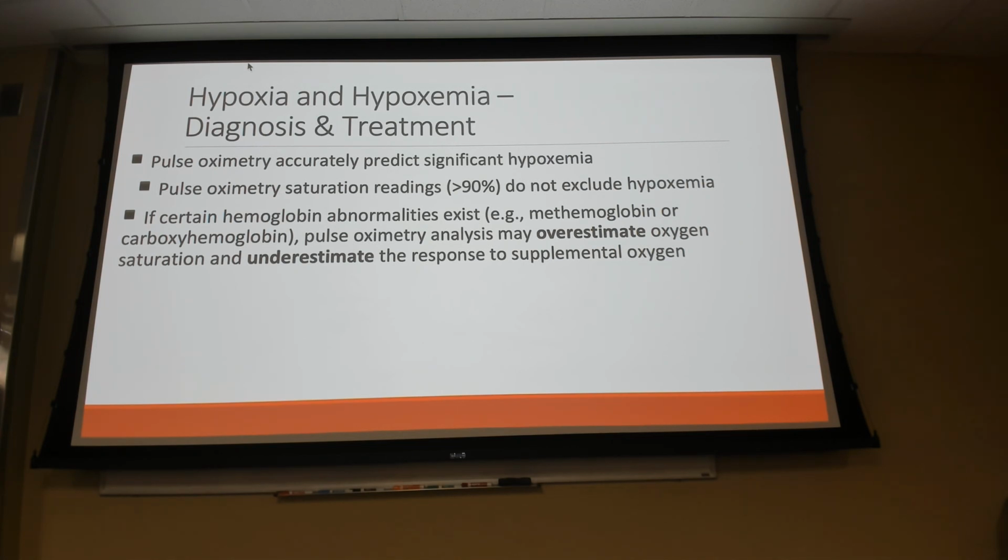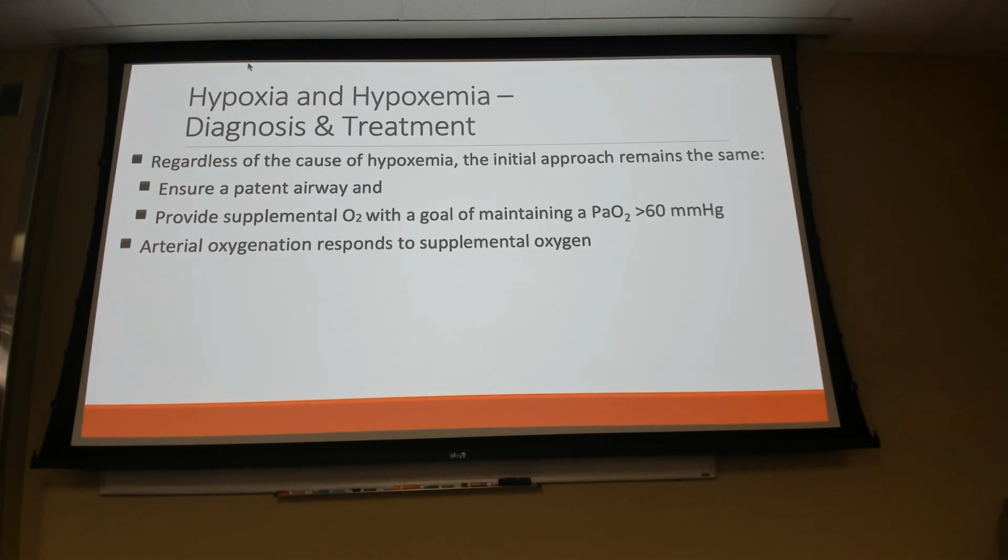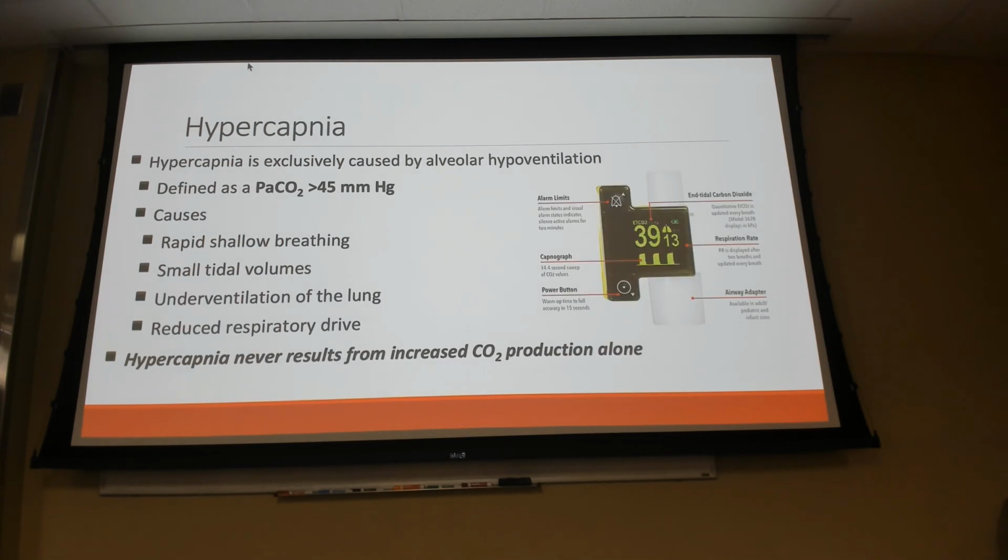So any patient that we see at Ramsey that came from like a house fire, the first thing that we do is we get a carboxyhemoglobin level on them because we could be falsely reassured that their pulse ox is okay. All right. Anyway, regardless of the cause, we make sure their airway, breathing, and circulation is supported, as we do with every kind of medical patient.